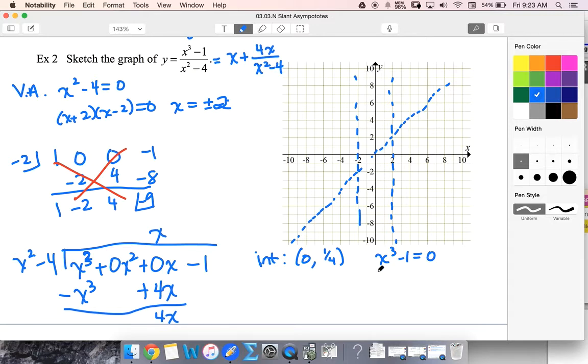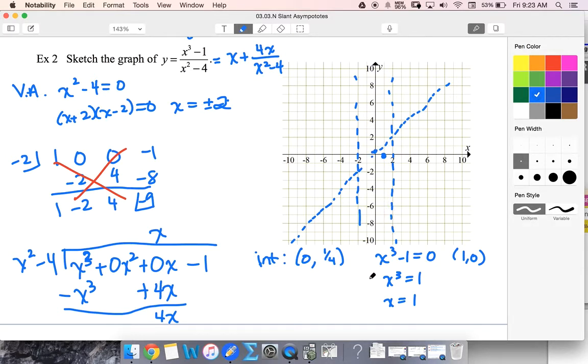With a cubic, this really means I've got 1 repeated 3 times. It's not like a quadratic where we get a positive and a negative. 1 cubed is equal to 1, negative 1 cubed is negative 1, so that's only one answer here. So we've got (1, 0) as our x-intercept. 1/4 for the y-intercept is really hard to draw on this scale.